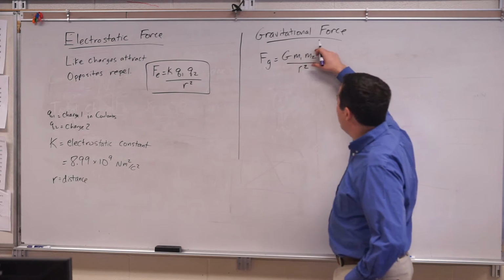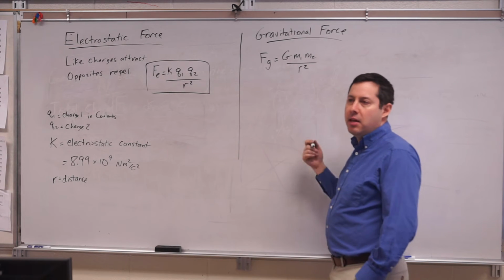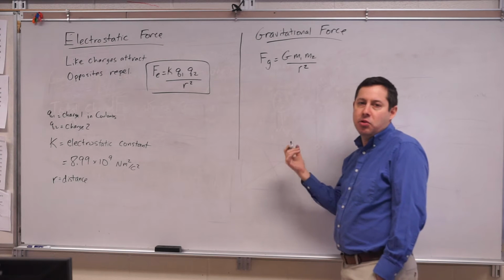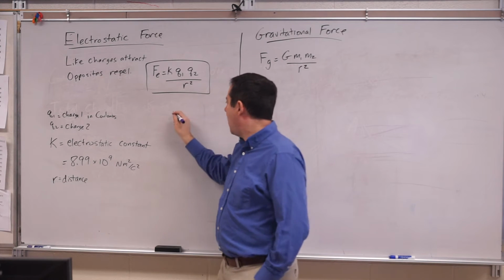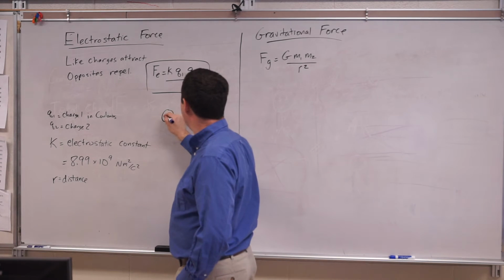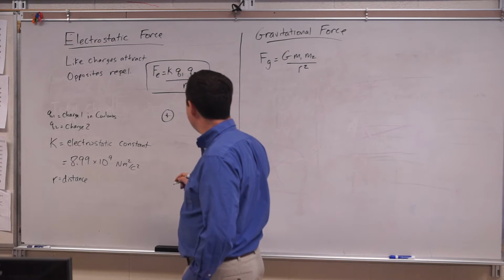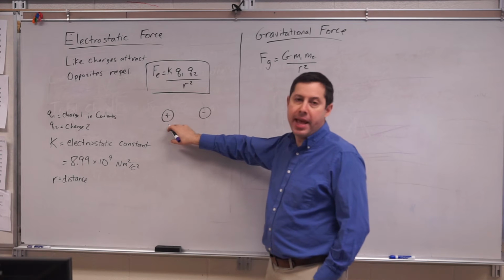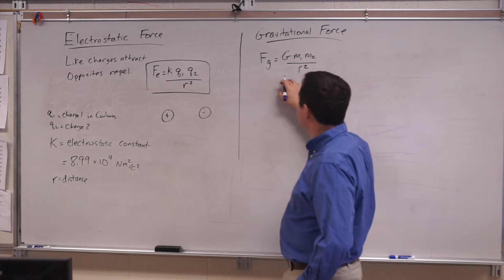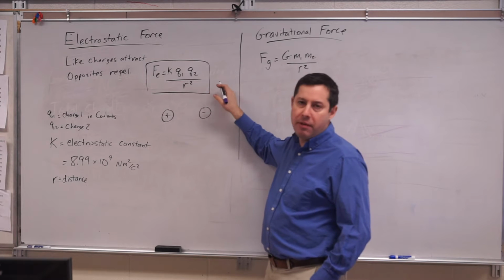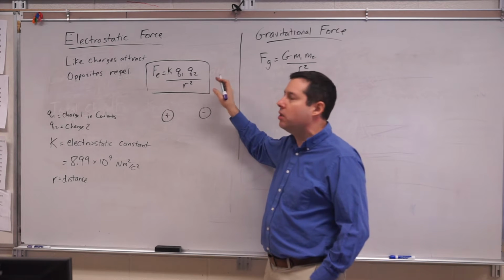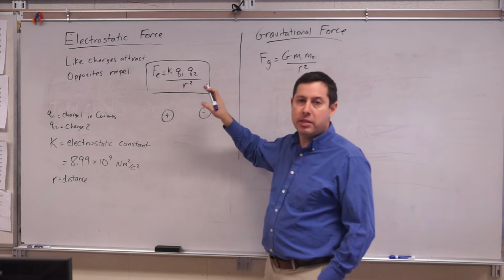The gravitational equation has a mass 1 and mass 2, so you're looking at two objects with masses, and those masses attract each other. Here, if you had two objects, like a positively charged one and a negatively charged one, they would also, assuming they had mass, have a gravitational force of attraction. It turns out that the gravitational force is generally much, much weaker than the electrostatic force.